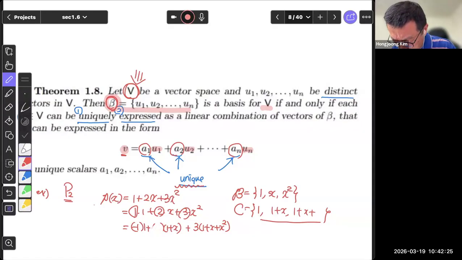So 3x minus 1 is 2x, 3 minus 1, 2 minus 1. Yeah, I think it is correct.